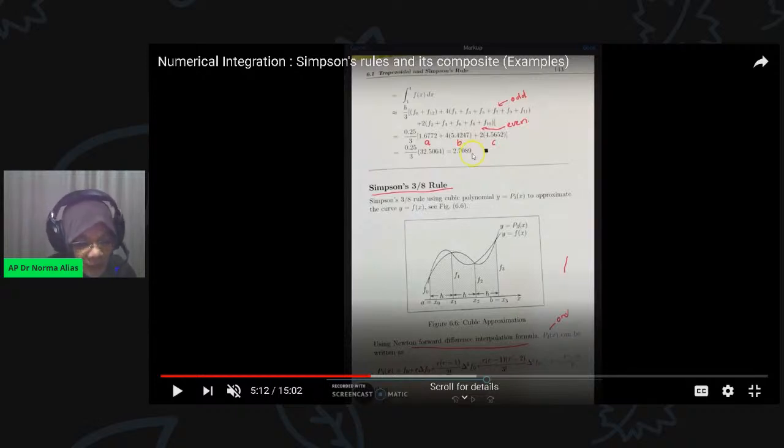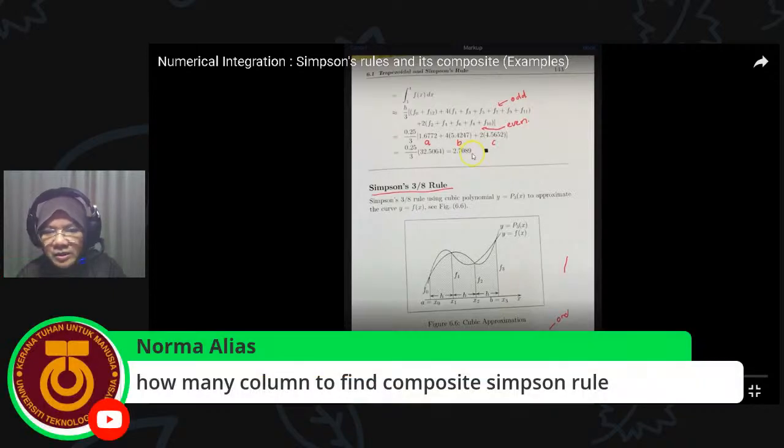How many columns do you need to create to find the composite Simpson's rule? If you want to use Simpson's rule, how many columns do you want to create to find the value of the integral between a and b of f(x) dx?